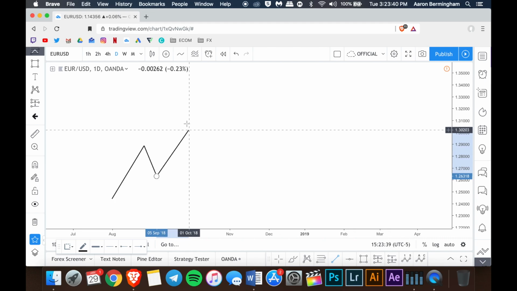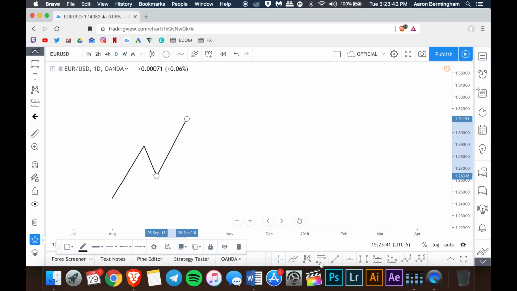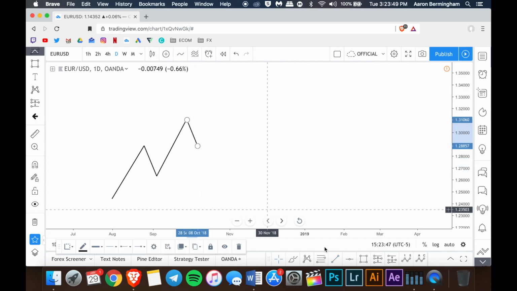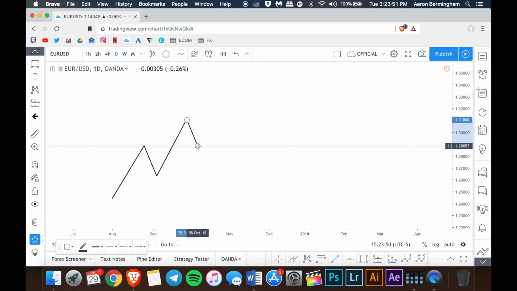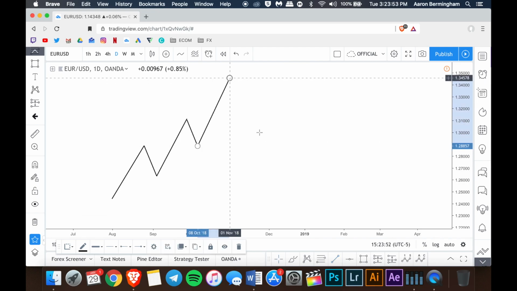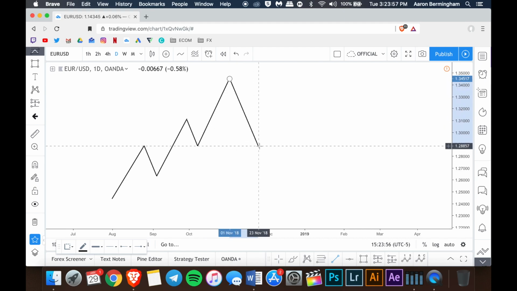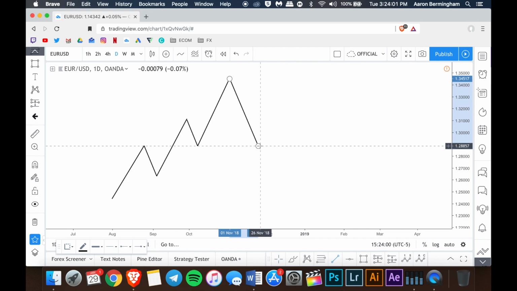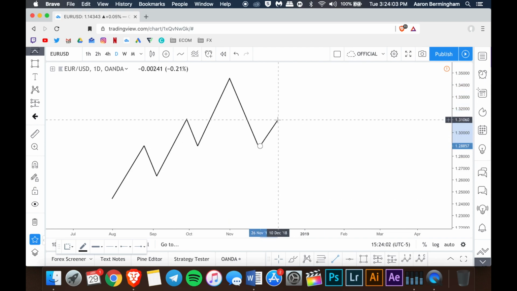Many times you won't see a trend in the market this clean, but for example, we will show this. I'm just going to draw so that I can show you guys what a break and retest is.